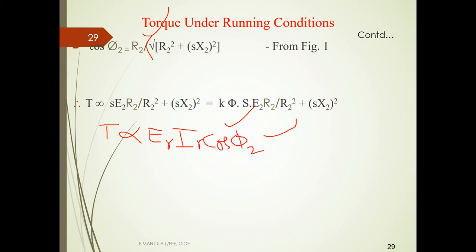The denominator is both. Okay, fine. I will write directly so that you can understand better. So this is S into E2 into IR, which is S into E2 divided by Z2. So what happens?